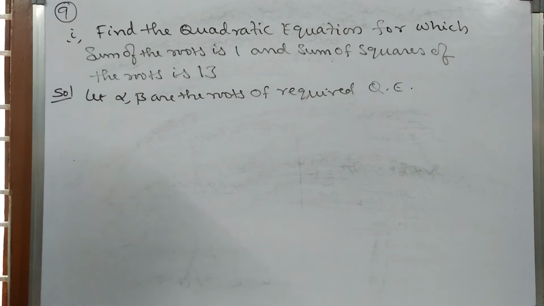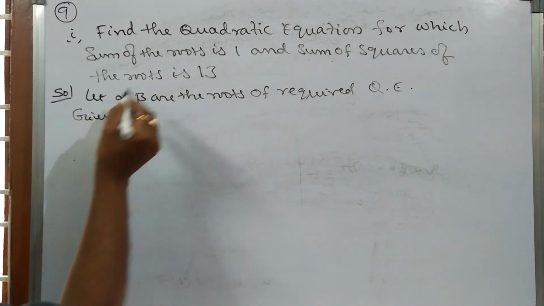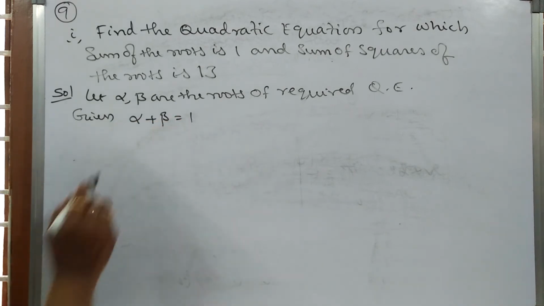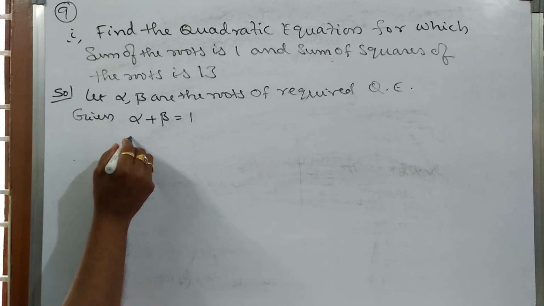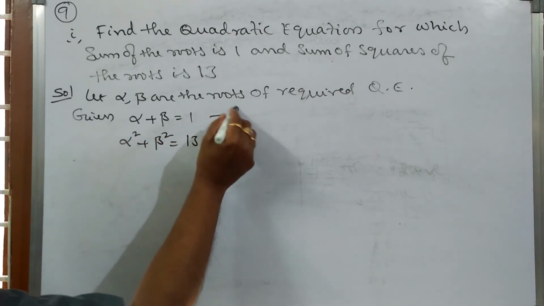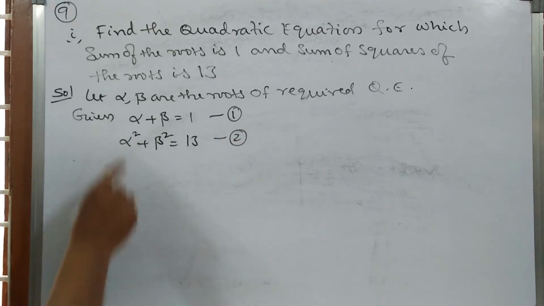Now, what has been given: the sum of the roots, alpha plus beta, is equal to 1, and also the sum of the squares of the roots, alpha square plus beta square, is equal to 13. I am taking these as the first equation and the second equation.